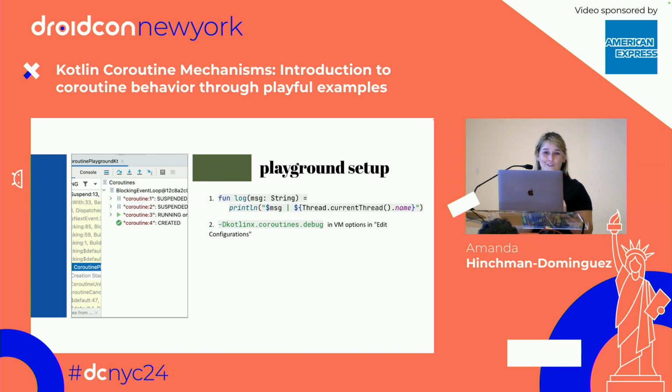I just found out a few weeks ago that there is an option you can put into your edit configuration, where it says VM options: you add the -D flag kotlinx.coroutines.debug. That brought a whole new world for me. We won't go into it too much, but if you haven't tried it yet, it's awesome. You can actually see all the coroutines you've created and the current state they're in at particular debugging points.